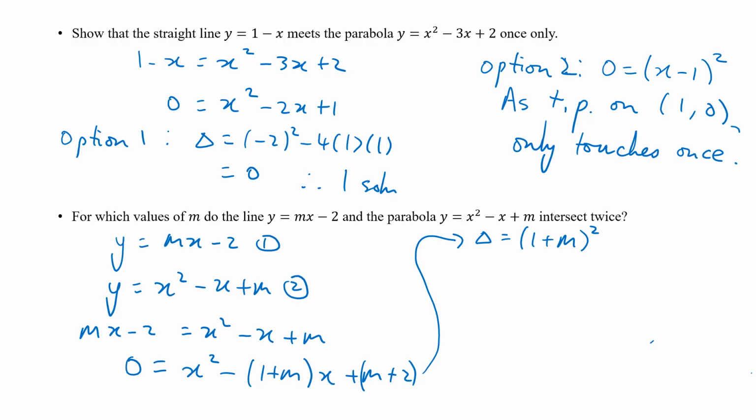Yeah, you're going to square the negative. Minus 4a and c. When you've expanded this out, hopefully I've done it right, you should be left with m squared minus 2m minus 7. We want intersecting twice, so what do we need that to be?